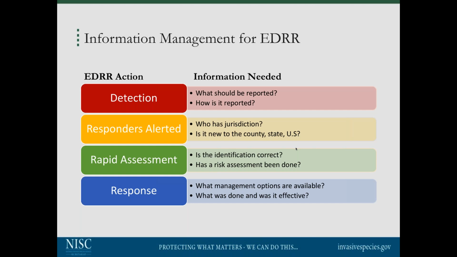some recommendations we've put together, as we've built this, and this is coming out in an early detection document that we've worked with the National Invasive Species Council on developing, but really looking at the different levels and saying, what should be reported, how is it reported, then who has jurisdiction when something is reported, doing the automatic check: is it new to the county, is it new to the state, is it new to the U.S.? Is the identification correct?